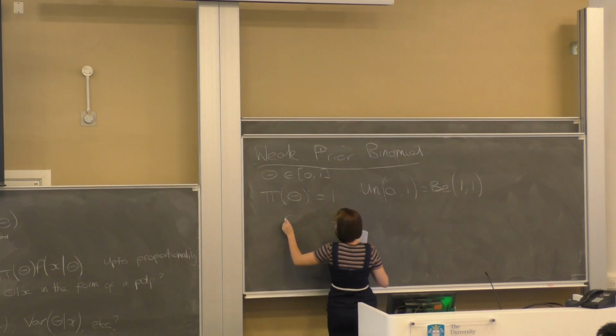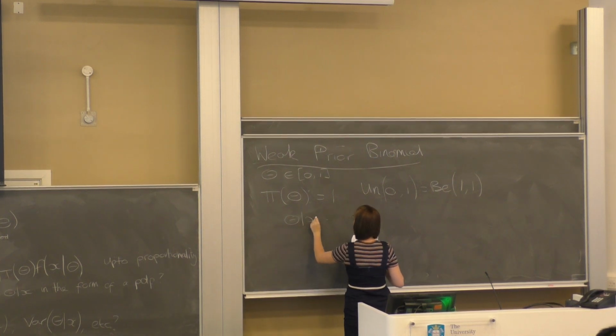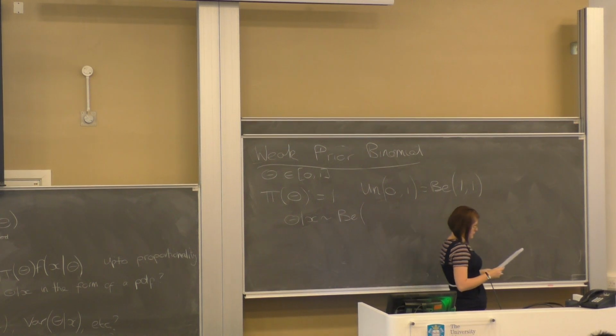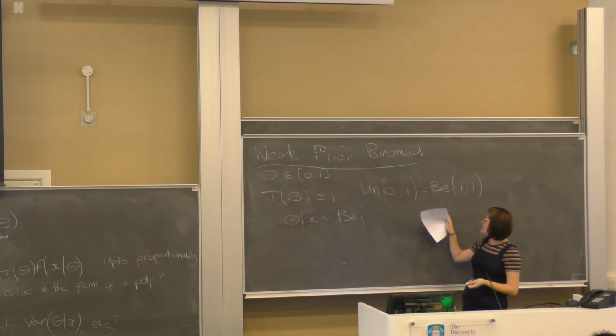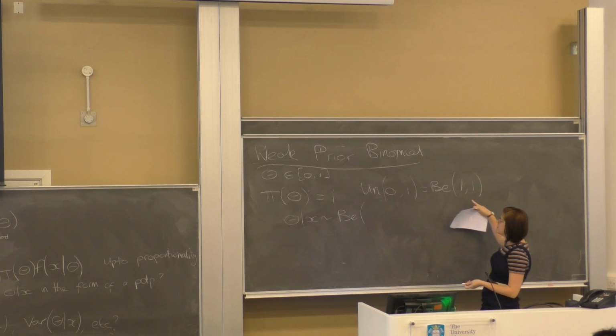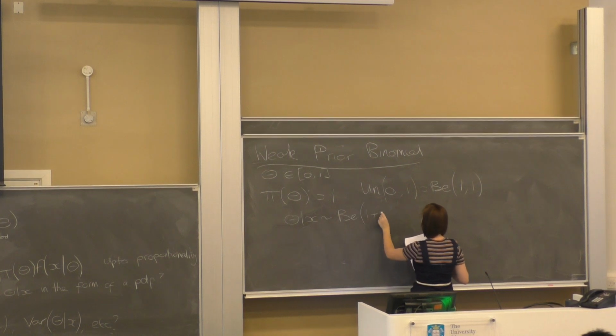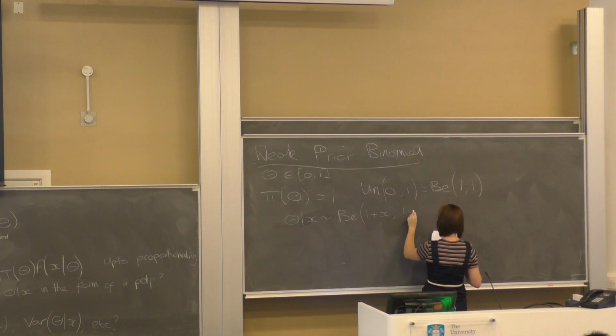So we know our posterior is still beta, and we can just plug in these values of A and B from what we did yesterday.